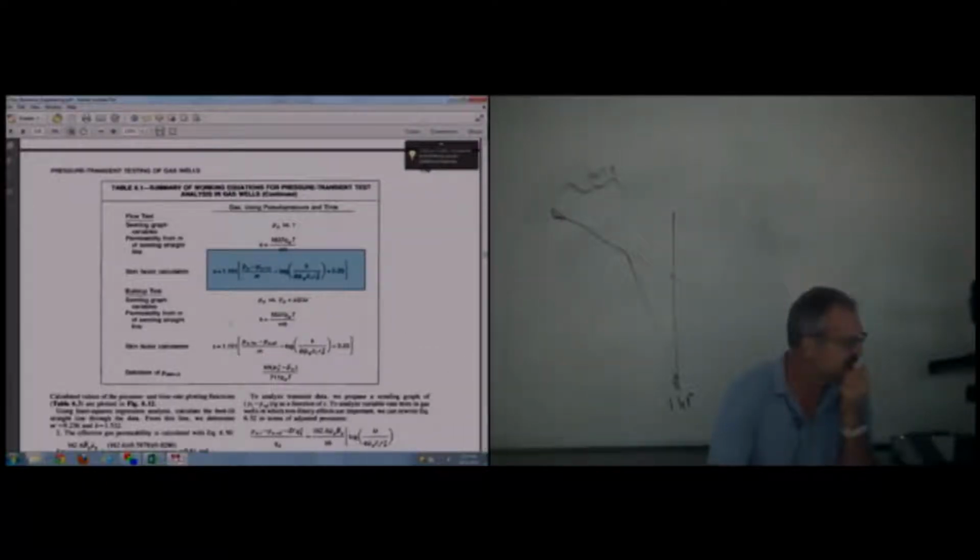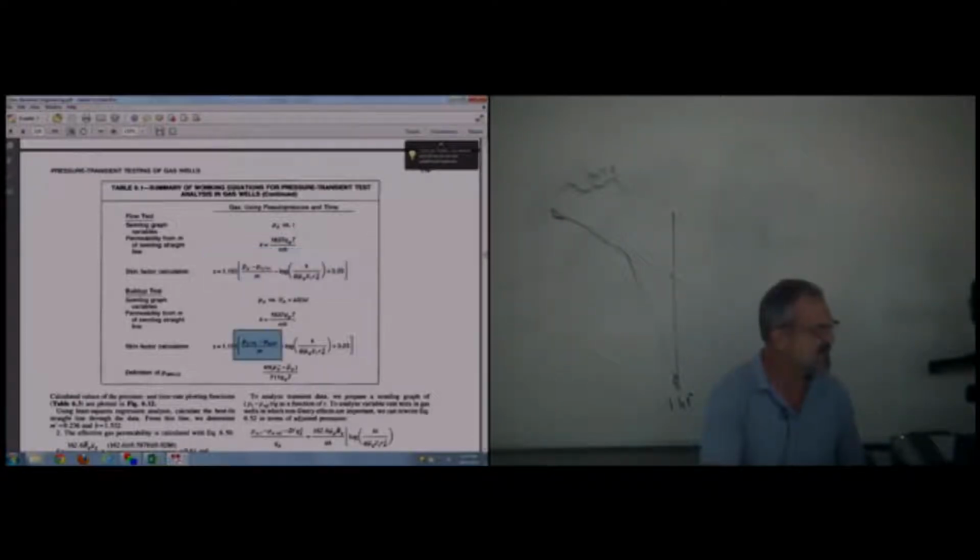I'm jumping ahead. Oh yeah, here's what I was looking for. It's right here in front of me. If we're doing a build-up test, this is a little bit different. It's pseudopressure at 1 hour minus PWF. Our next test is going to be a build-up test. If we're doing a drawdown, it's the average reservoir pseudopressure minus pseudopressure at 1 hour.